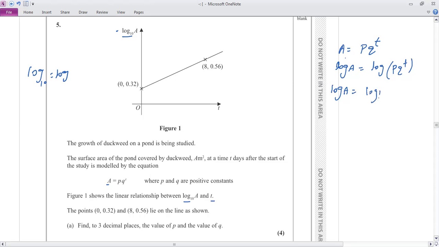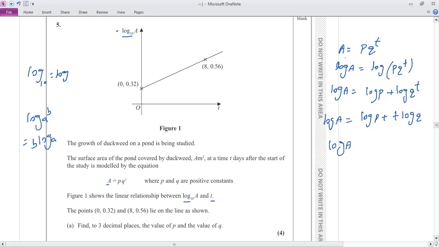It will become log of P plus log of Q power T. Log of A will be equal to log of P plus, this is the property of the logarithm, that log A power B we can write as B log of A. So T I can write, it will become T log Q. So rearrange it a little bit, it will become log of A will be equal to log Q into T plus log of P.